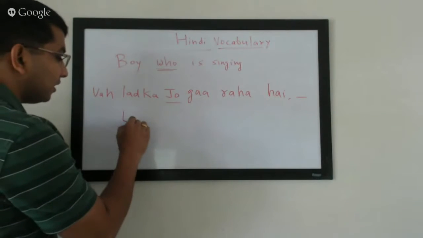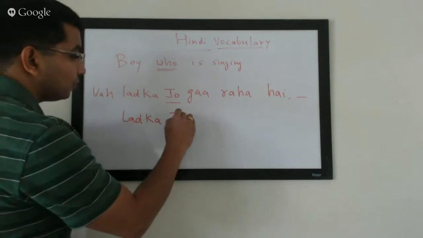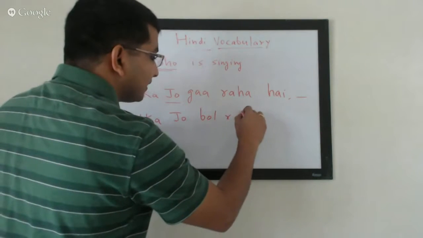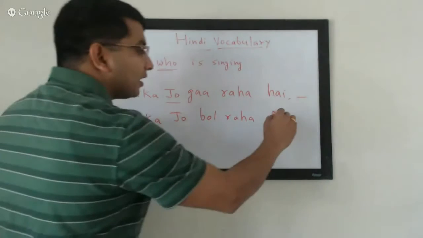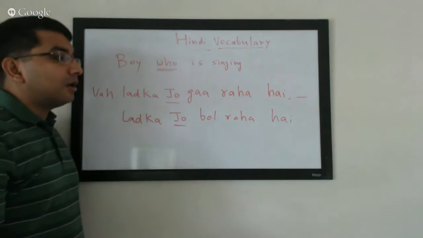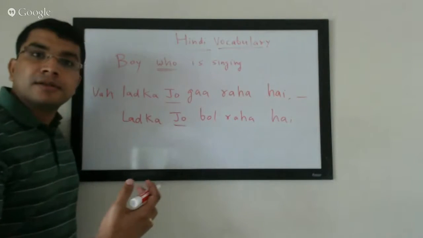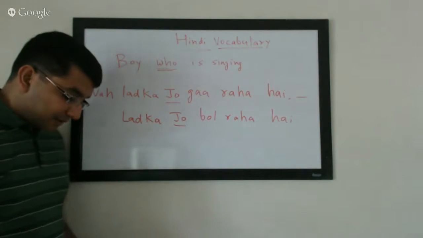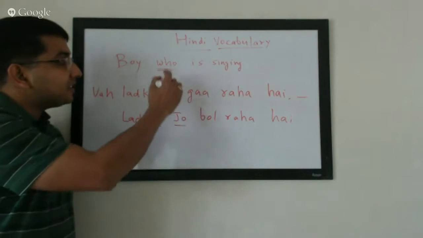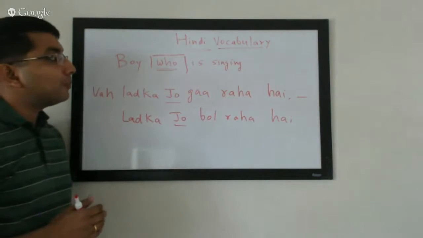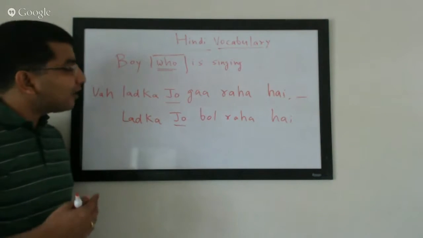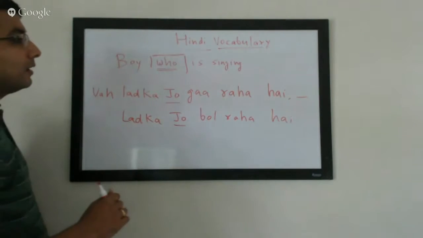You can also say लड़का जो बोल रहा है. Same thing basically. I'm just trying to use multiple examples to make you understand the concept. लड़का जो बोल रहा है, the boy who is talking, he is, let's say, a scientist, or a prodigy. The idea here is that you should be able to use a relative pronoun to combine two sentences. The exercise is to take two simple sentences and use them.